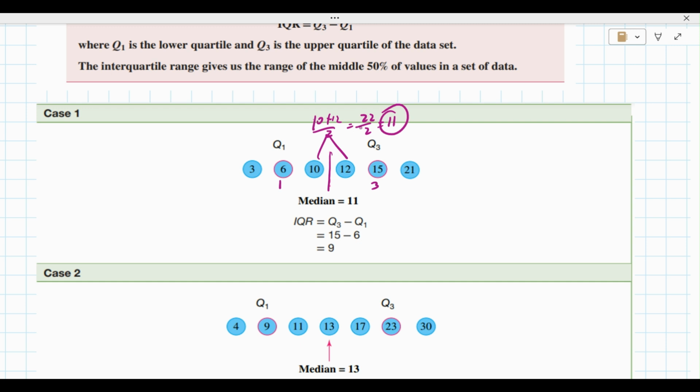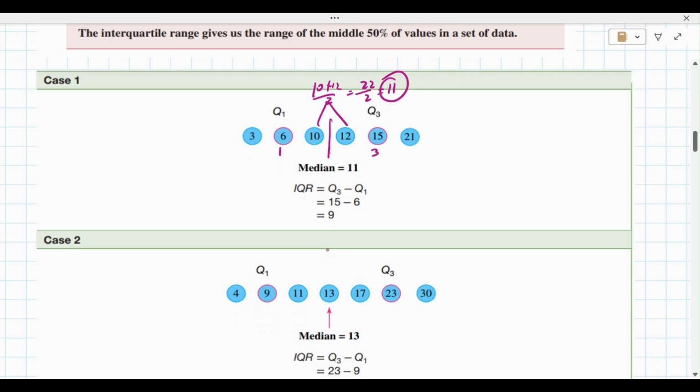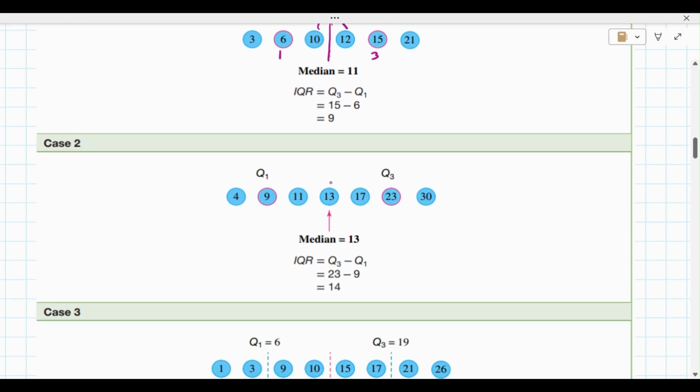This is how you get it. For another one, the median is 13, so it's an odd number of data. Now what we do is ignore this middle number. We can see there are 3 numbers on each side, so 9 is Q1, and for the other 3 numbers, that's Q3.